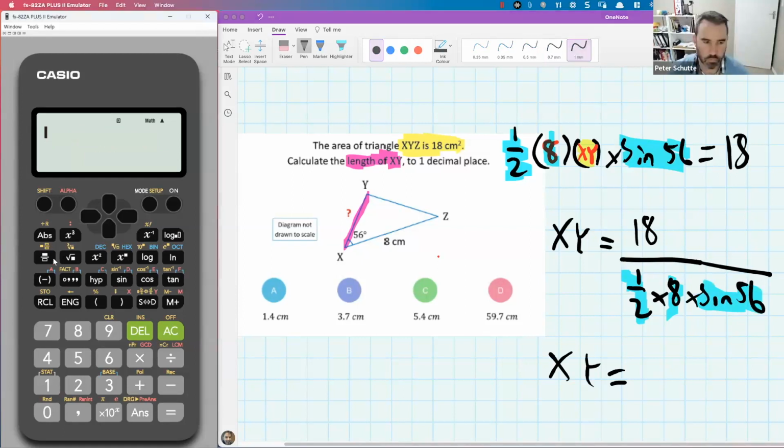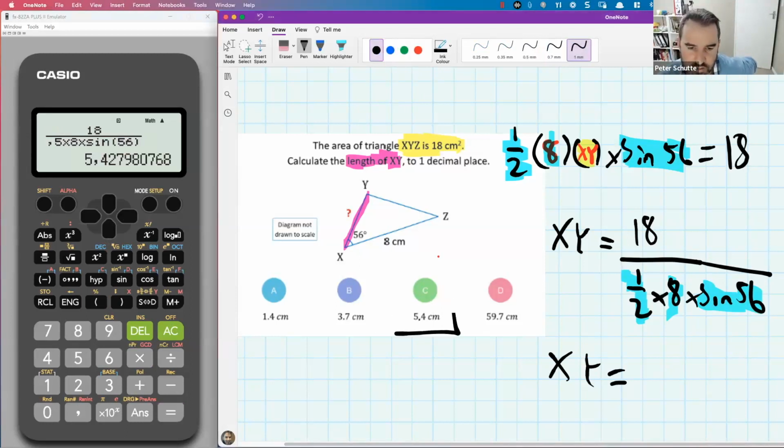We can use the fraction button, and then 18 and 0.5 times 8 times the sine of 56, close, equals, and I get 5.42, which if I round off, I'm going to get C, or 5.4.